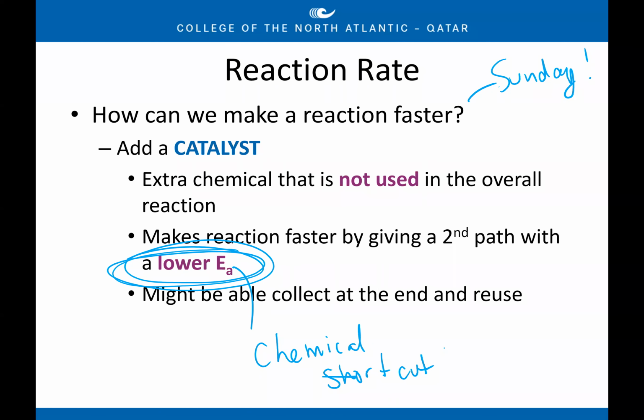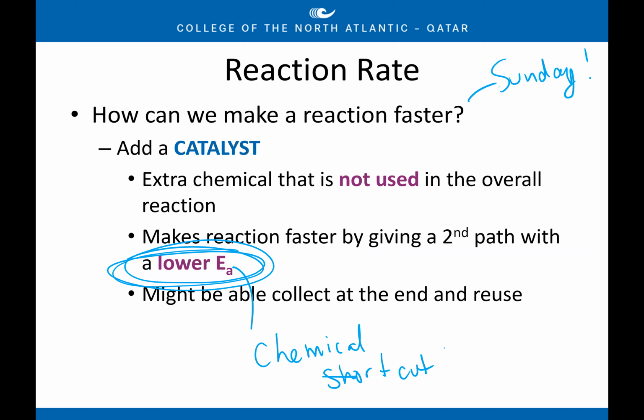If you don't know what I mean by the word shortcut, just imagine you're driving from Algarafa to West Bay. Algarafa, if you're familiar with the area, is near Education City.